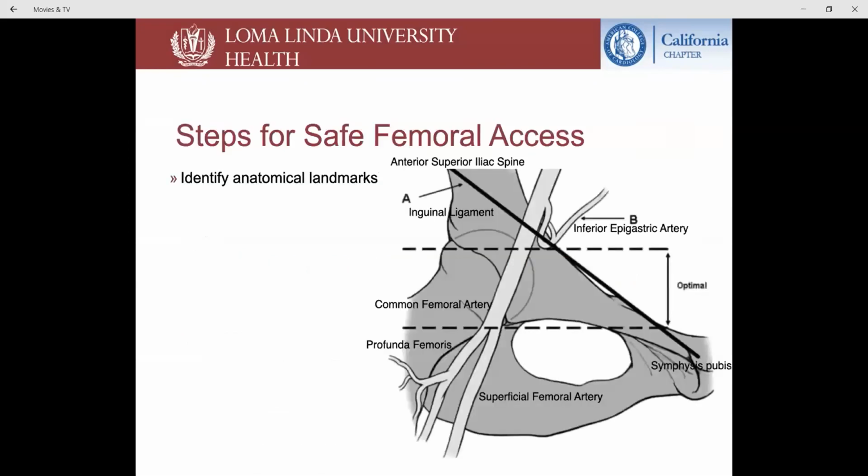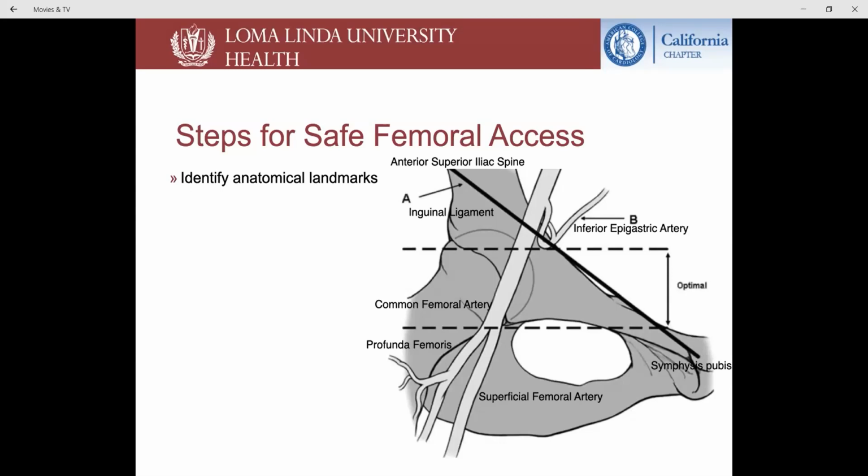First and foremost, before ultrasound was routinely used, access was obtained using only anatomical landmarks. If you mentally or physically draw a line from the anterior superior iliac spine to the symphysis pubis, that would be where the inguinal ligament is, and you would not want your access to be above that, because you get increased risk of retroperitoneal bleed.